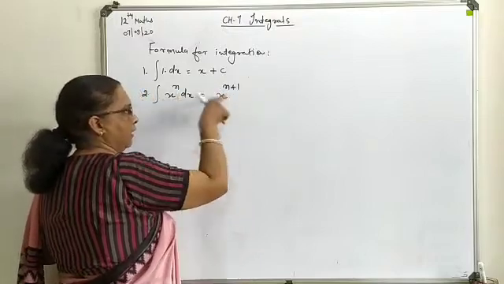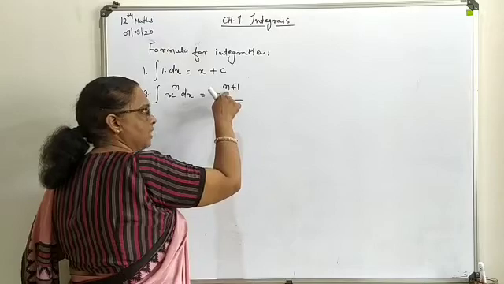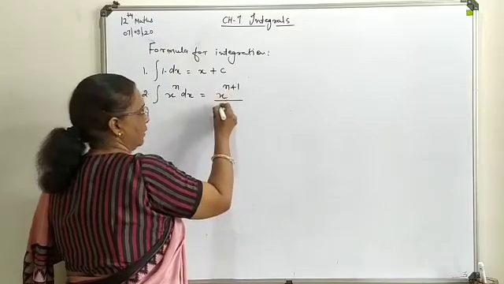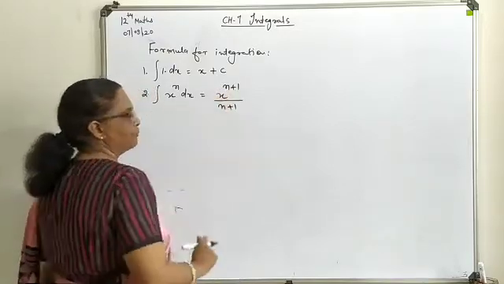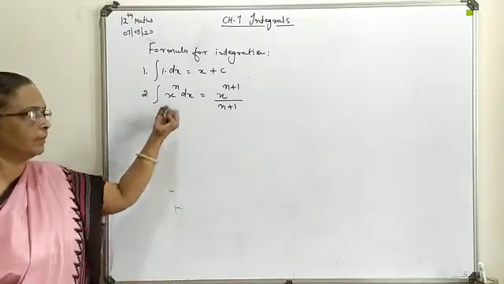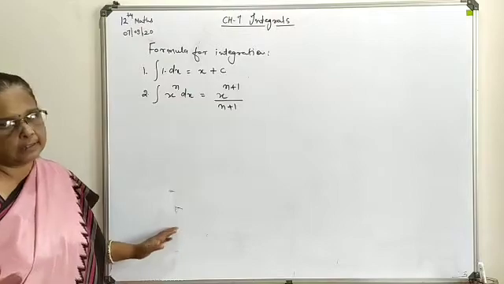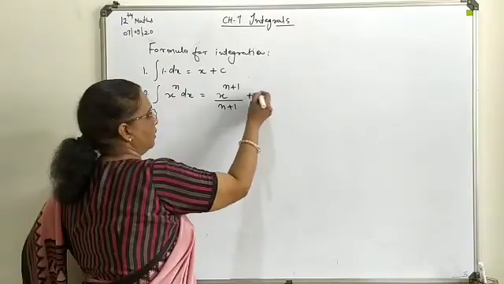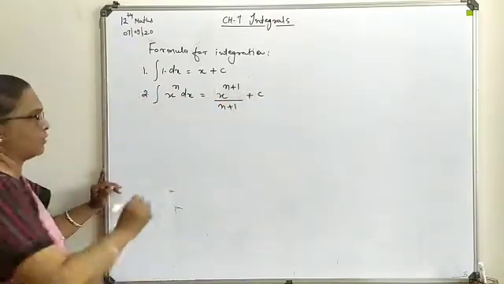Whatever n you have, add 1, and divide by the same number you added, whereas in differentiation the reduced number was multiplied with the given x term. So this is how it differs from differentiation.